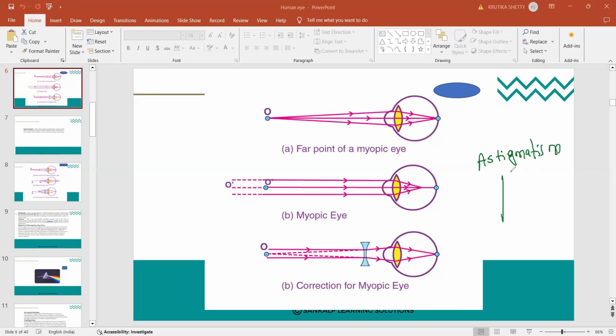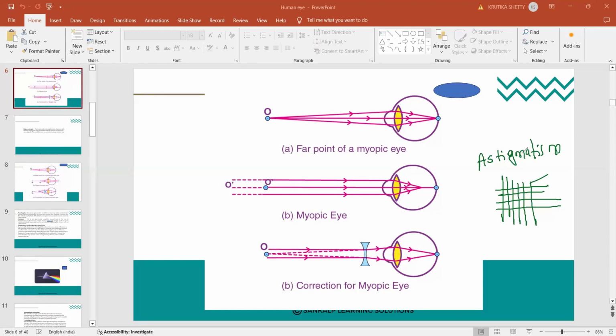So astigmatism is a different type of defect. These are the horizontal lines and these are the vertical lines. If there is a structure like this, the people are not able to see both the lines. Some people see only vertical lines clearly, some see only horizontal lines clearly. So both the lines clearly they are not able to see.